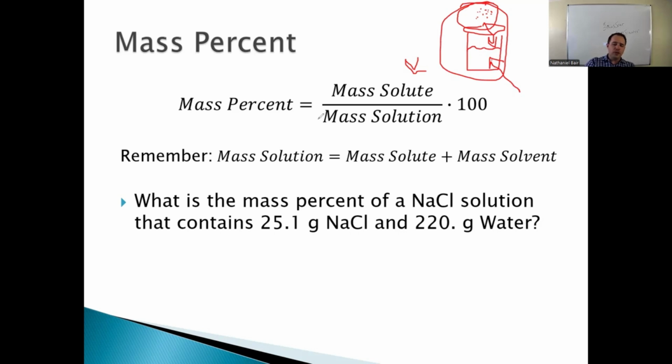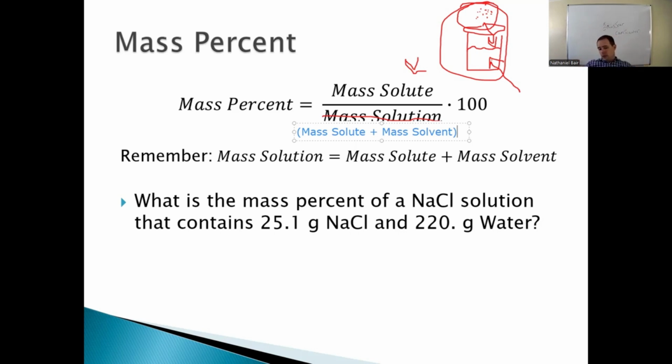A lot of people like to rewrite this denominator. Instead of saying mass of solution, what they'll write down here is the mass of the solute plus the mass of the solvent. If you really think about it, a solution is the thing that's dissolved and the thing that does the dissolving. So the mass of the solution would be whatever the mass of the solute is and the mass of the solvent together.